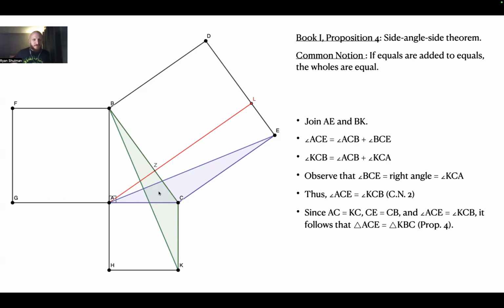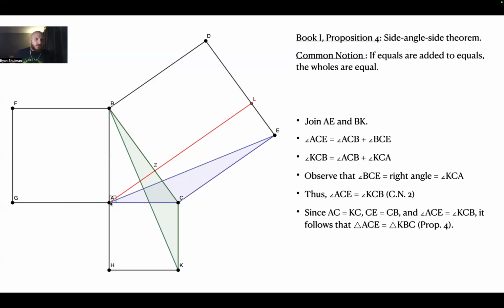And once again, we're in a position to say that these two angles are the same. Why? Because they share this angle ACB, and we know that BCE and KCA are corners of squares, so they're both right angles. So once again, we have equals being added to equals. So angle ACE is equal to angle KCB.